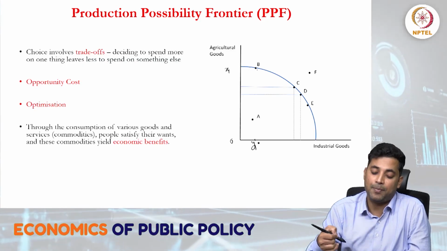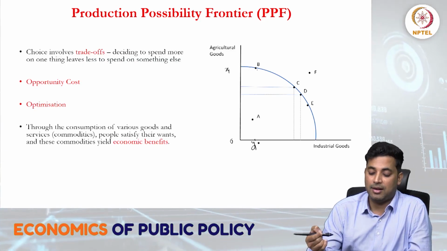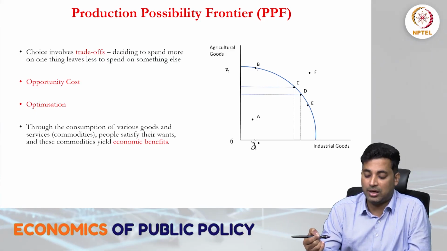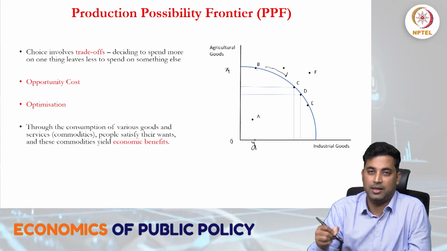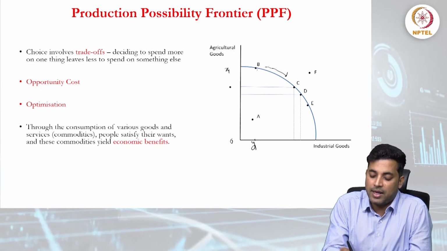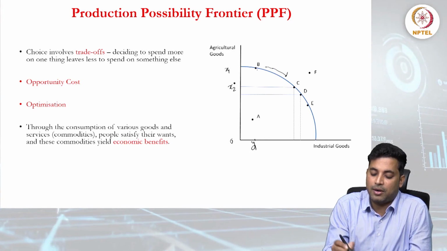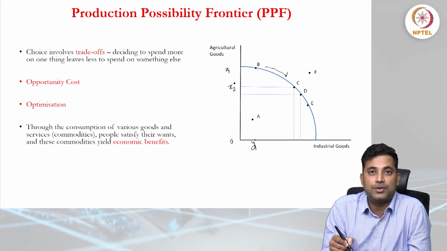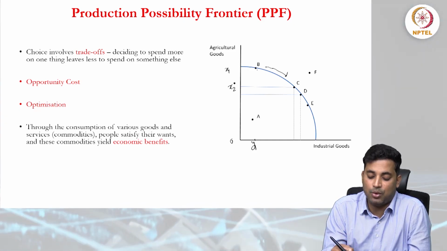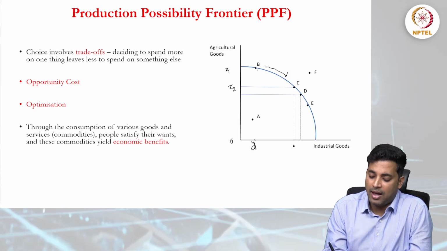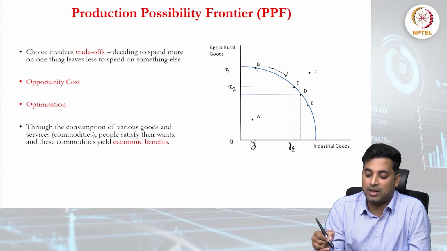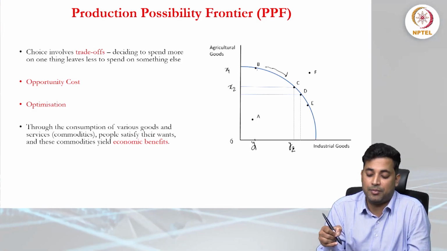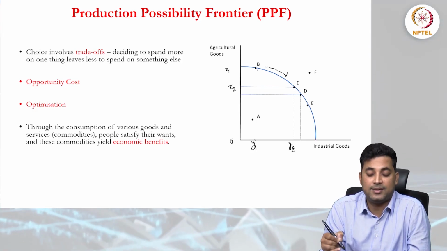Now if I want to progress with industrial goods, I move from B to C, where X2 amount of agricultural goods and Y2 amount of industrial goods are produced.